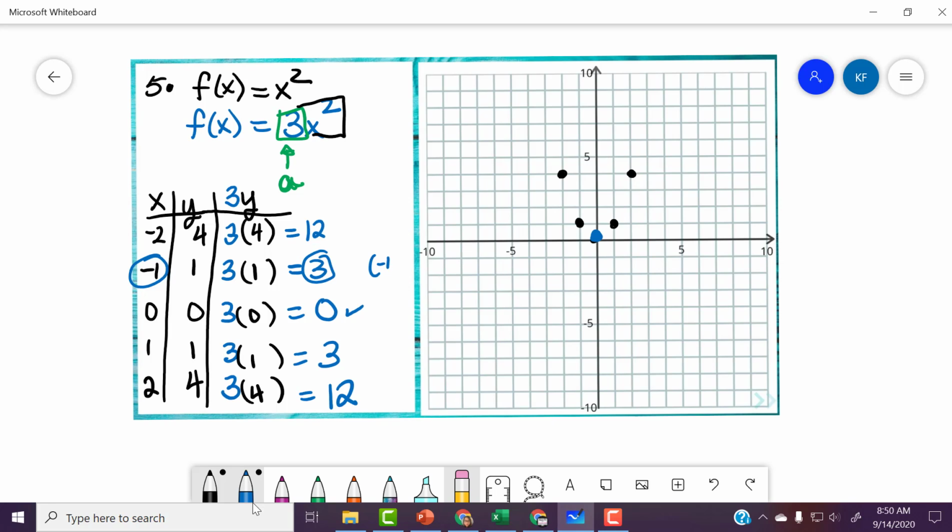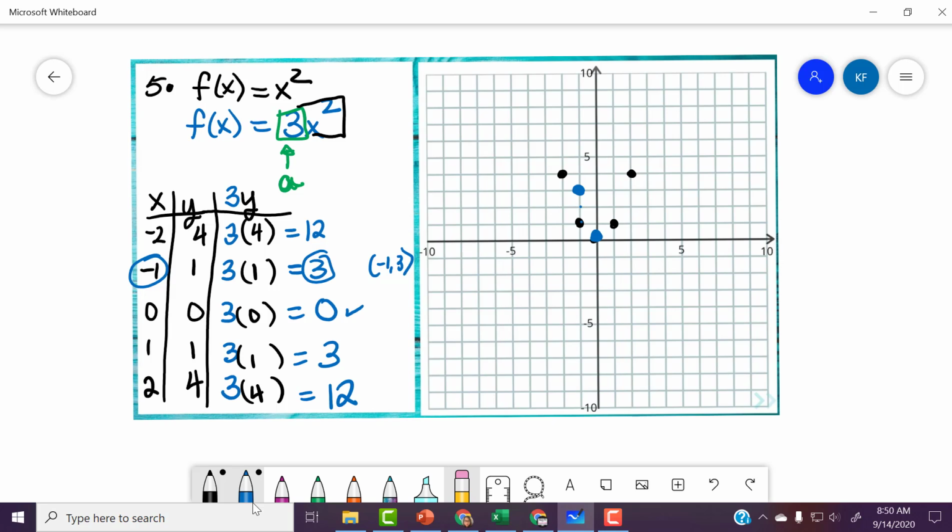So that's the point that I'm going to graph next. So 1, 2, 3. So you can see right here, the original point was at -1, 1, but I multiplied the y value by 3. So it jumped up here 3 units. So it's growing 3 times faster than the original function.